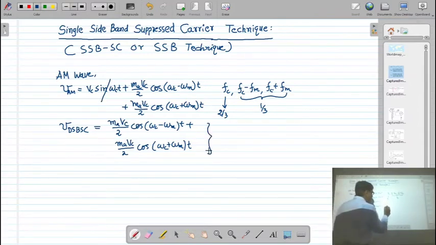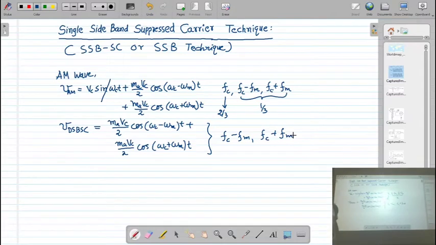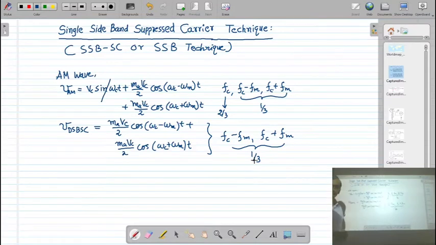So in this technique, the two sideband frequencies Fc minus Fm and Fc plus Fm are going to be transmitted, and we can save the power of 2/3. Now only 1/3 power is required for the transmission of the sideband frequencies.